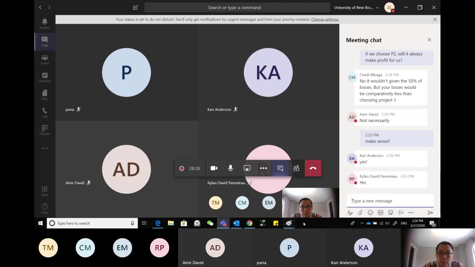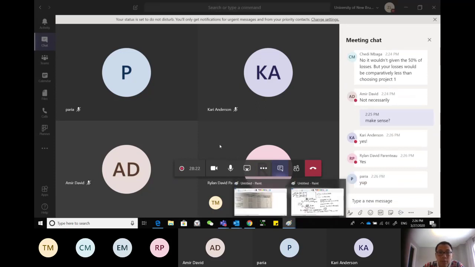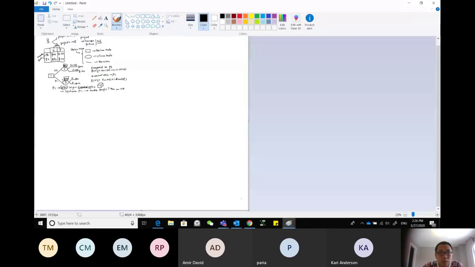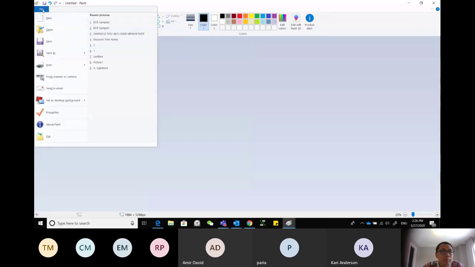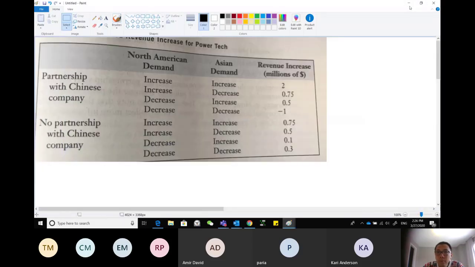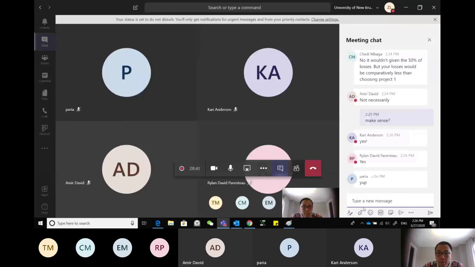Okay, so we can move to question number 2. Let me just save this. So this is decision tree 1, so I can send it.